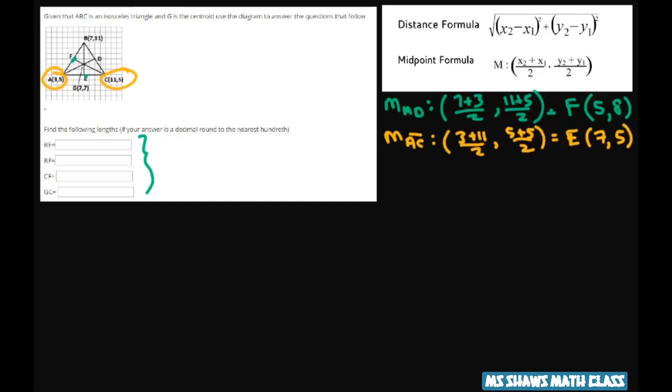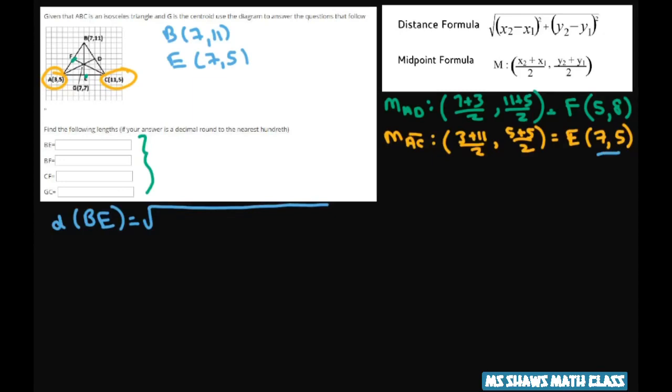So let's find the distance of BE. So we use our distance formula, and the 2 points that we're using are B and E. So B is 7 comma 11, and E is 7 comma 5 that we have here.